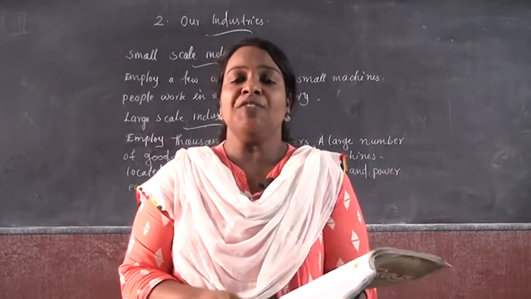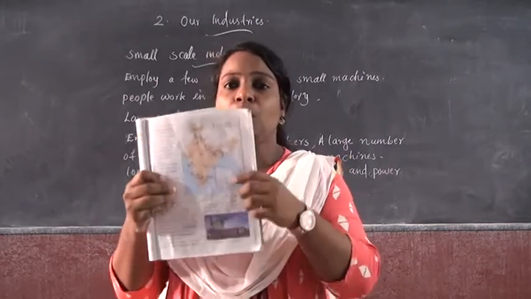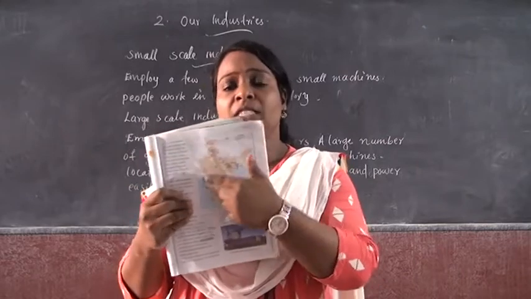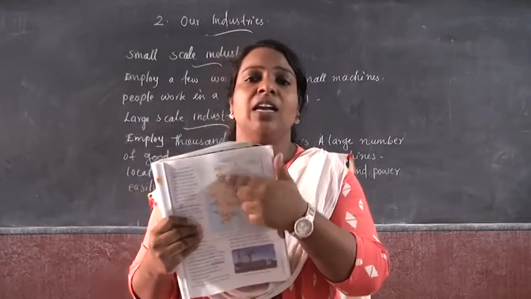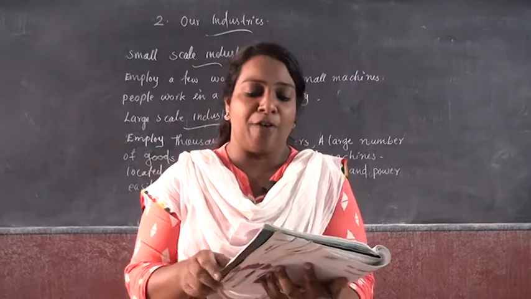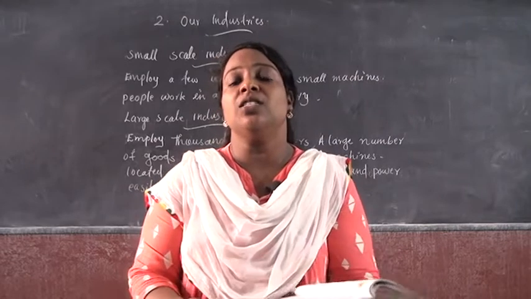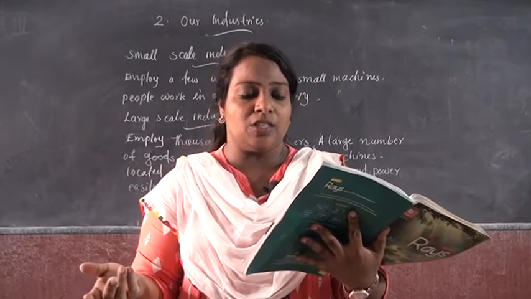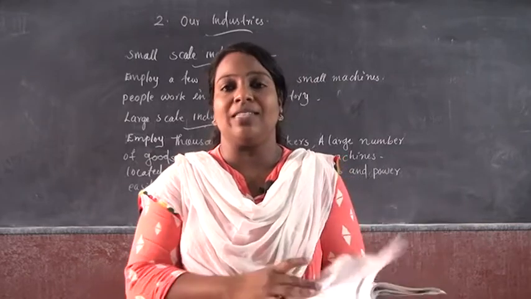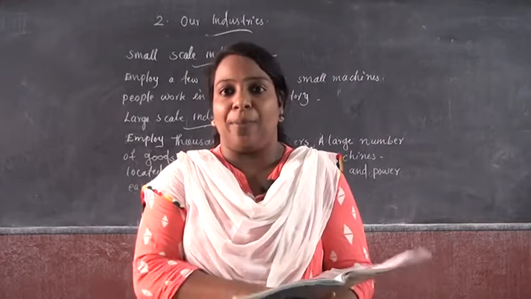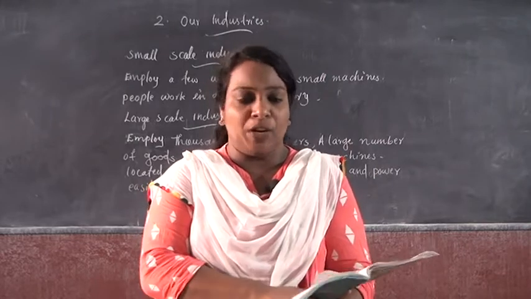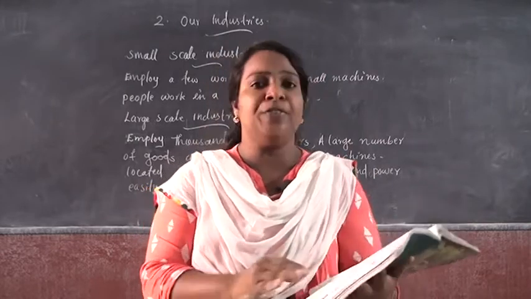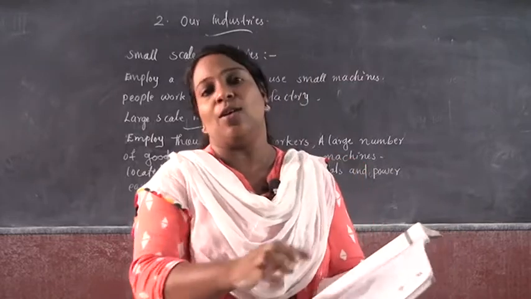Then after that, you can see the map in your textbook, showing which Indian states are where the important industries are mostly found. We can see textiles, iron, steel, railway equipments, automobiles, everything. So everybody look at the map. On the next page, page number 156, you can see one table also.